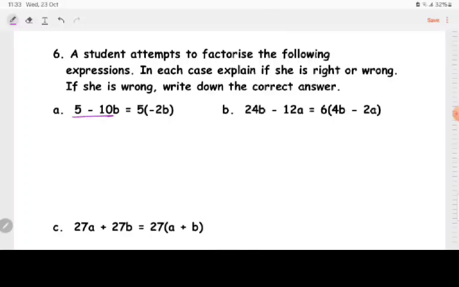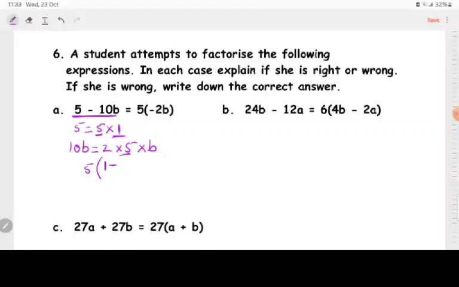Alright, so let's factorize this. So 5 is equal to 5 into 1 and 10B is equal to 2 into 5 into B. We have this 5 in common, so we bring it out. On the inside, we will have 1 left.